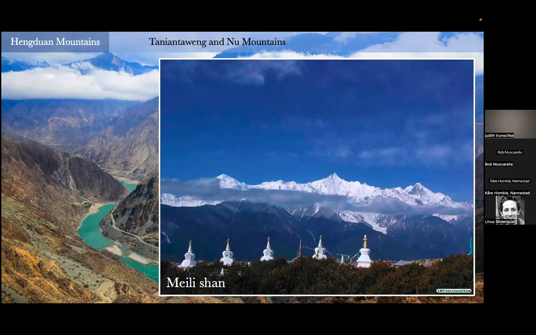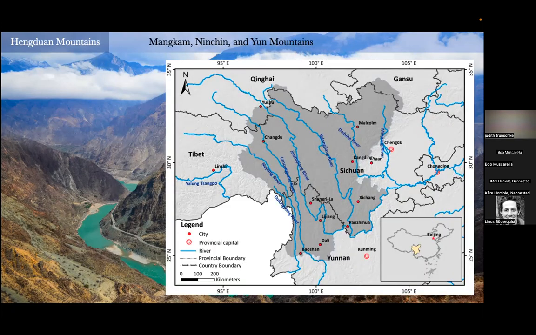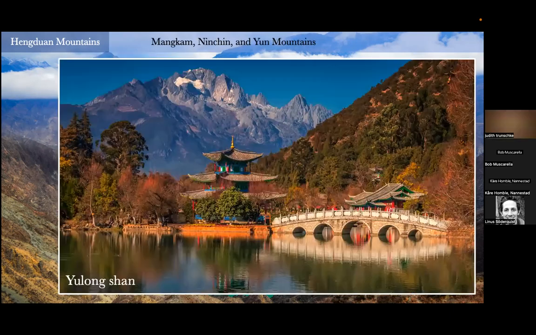This is the Meili Snow Mountain, a holy mountain for the Tibetan people. Then one mountain range further, between the Lancang and the Jinsha River, is also where we will be moving later to our field site. This is the Jade Dragon Yulong Mountain, close to the city of Lijiang, where we were based during our field work.